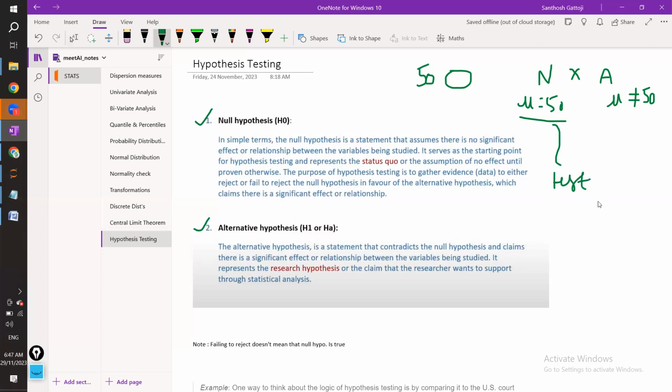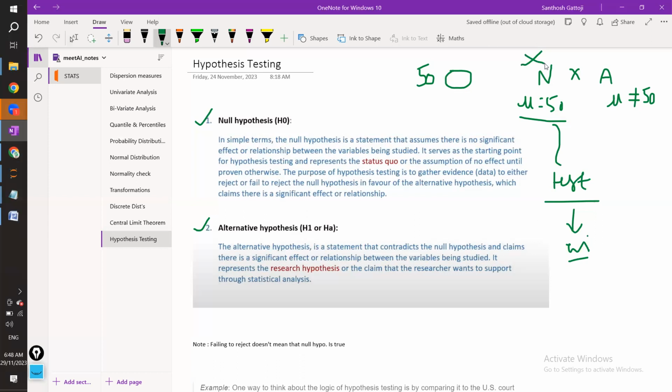At the end of the test, if you are able to collect some evidence supporting that mean equals 50, you will say whatever the null hypothesis is saying is true, and you will accept the null hypothesis. But if you are not able to collect evidence to prove that mean equals 50, you cannot accept the null hypothesis.